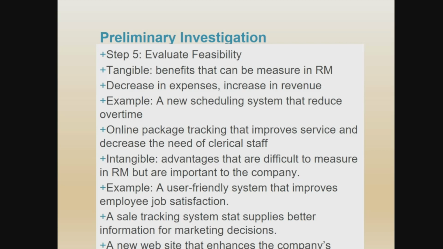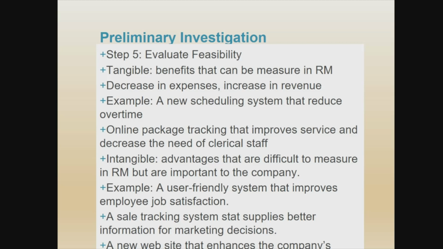The management needs to know the numbers, so you need to tell them about the numbers. Is it a decrease or is it an increase? Decrease the expenses, increase the revenue means the profit is more. Okay, online package tracking that improves the service and decreases the need for clerical staff. So those are the kind of things that you need to identify and measure.